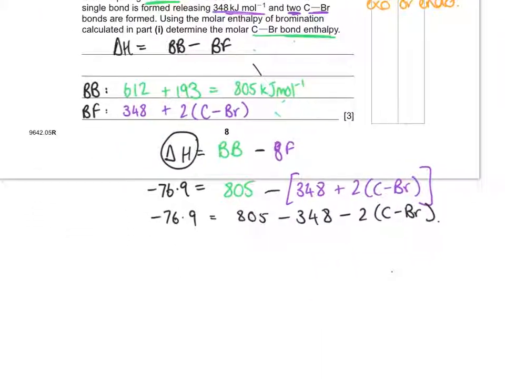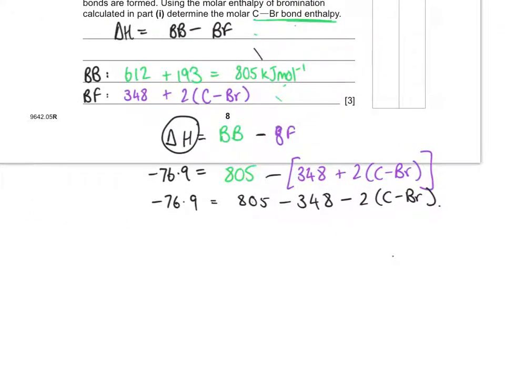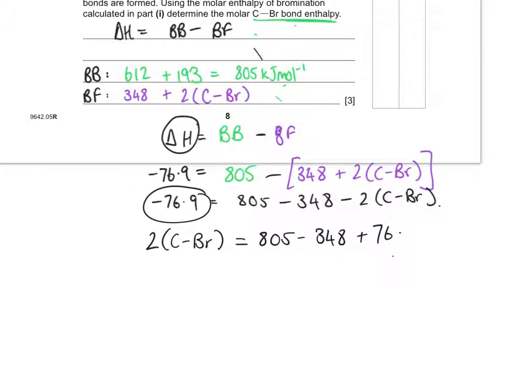Because our C-Br bond is what we want to find out and it's negative on the right, we'll bring it over to the left hand side and bring all our numbers to the right hand side. So we've got 805 minus 348, and then bringing our minus 76.9 over, that becomes plus 76.9.